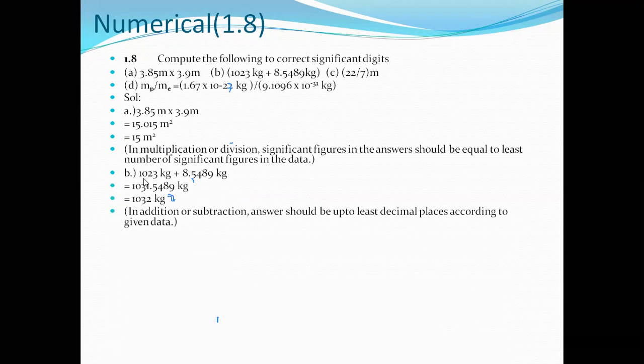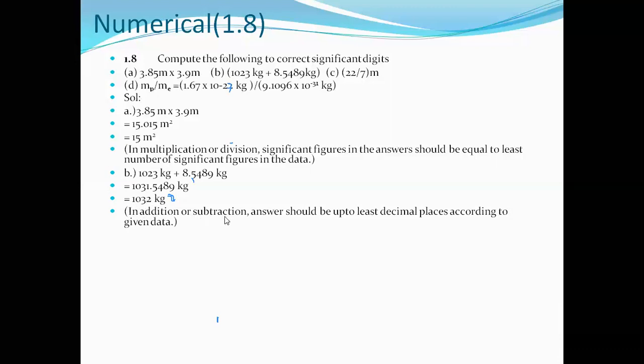Next, B part, 1023 kilograms plus 8.5489 kilograms. We add these two values and we'll get 1031.5489 kilograms, or if we round it off, 1032 kilograms.